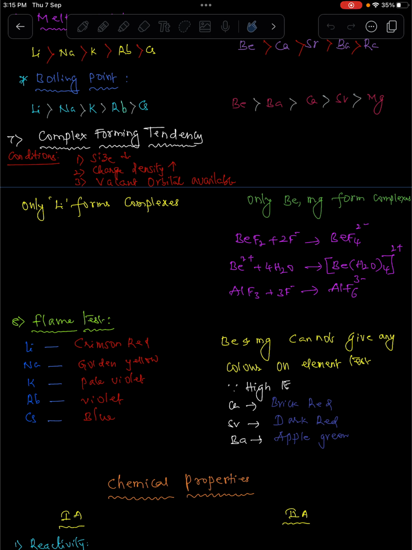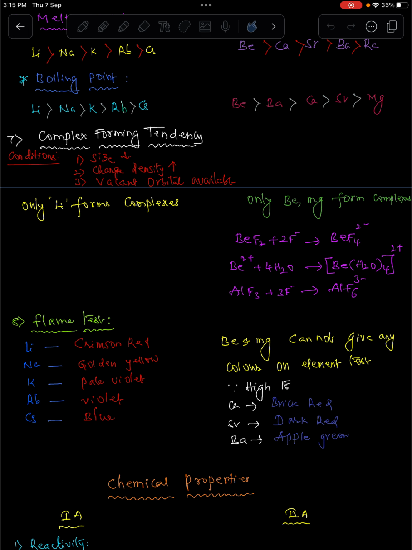Now let us see, in the case of 1A group elements, only lithium forms complexes in 1A group. Coming to the second group elements, beryllium and magnesium form the complexes. What type of complexes? Here I have given BeF2 plus 2F minus gives rise to BeF4 2 minus, and the second, third examples also I have given.